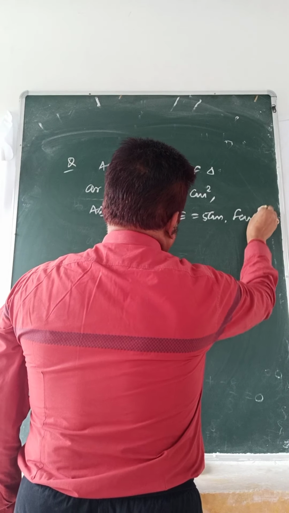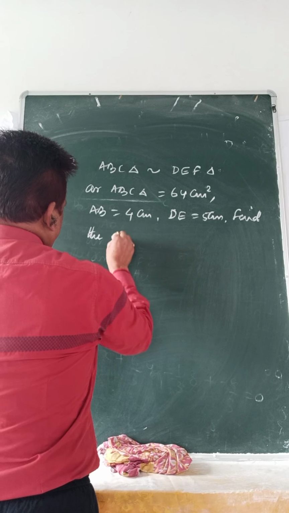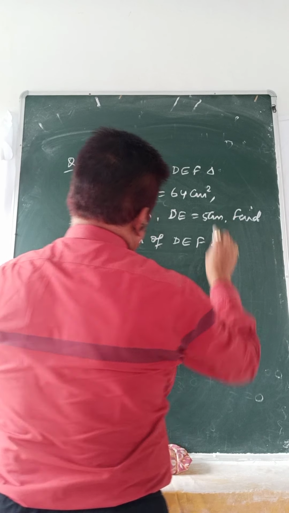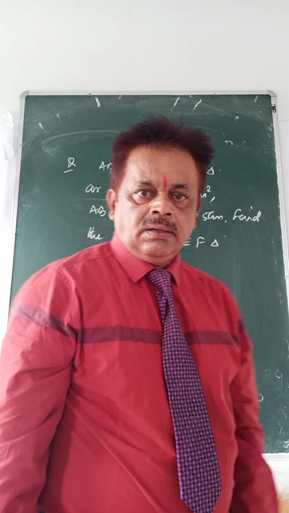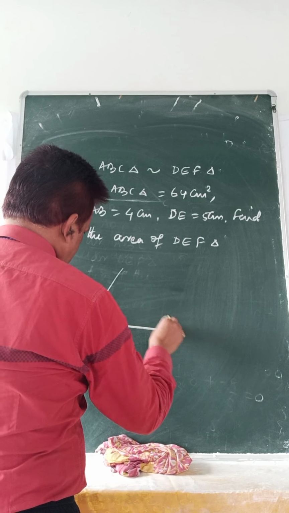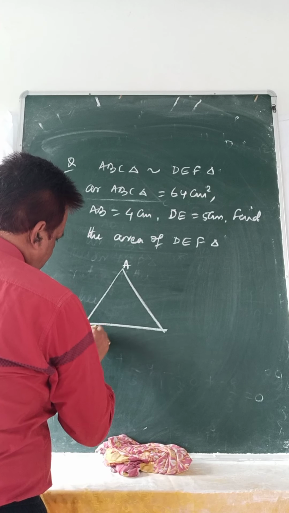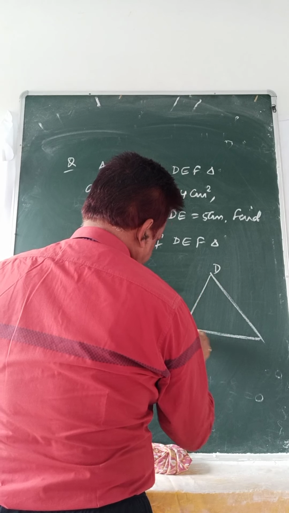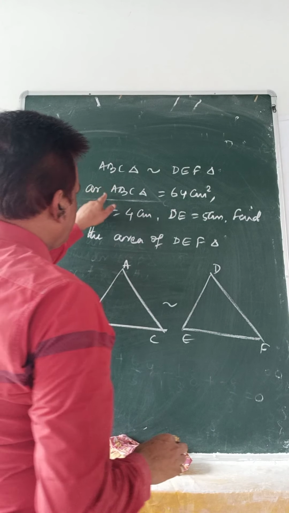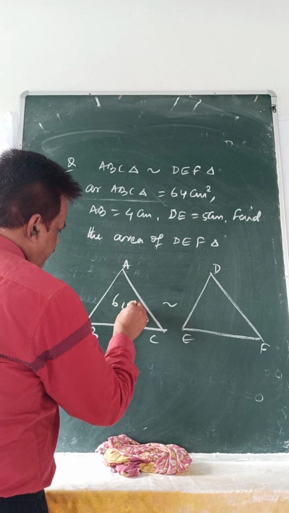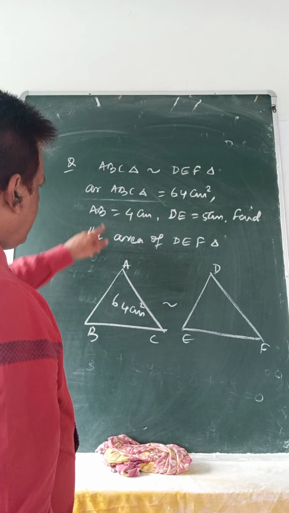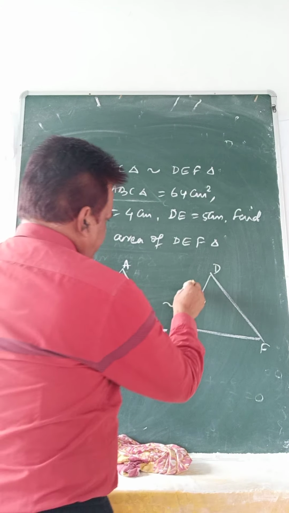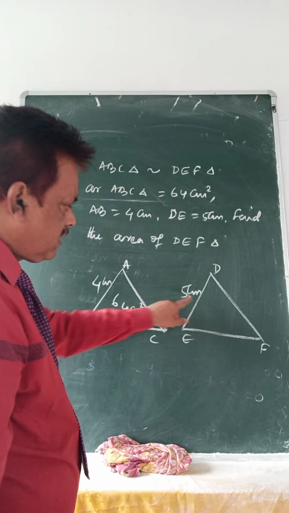Find the area of DEF. Okay, draw the diagram. ABC triangle similar to DEF triangle. Area of ABC is 64 centimeter square. AB is 4 centimeter. DE is 5 centimeter. So now you see corresponding sides are given.